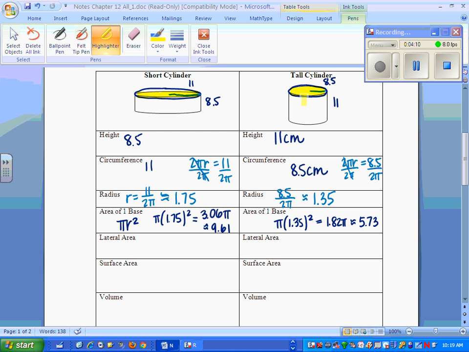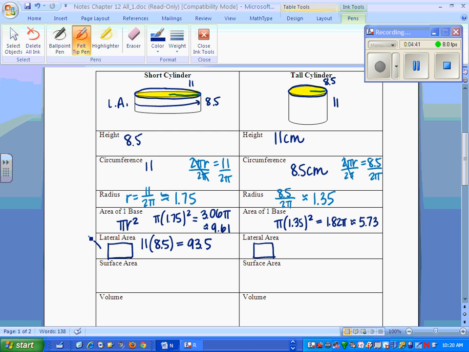Okay, let's talk about lateral area. Remember, lateral area is just the area around. This would be just the lateral area. It would not count the two circles. So to find lateral area, I just need the area of a piece of paper. That is actually going to be the same. I take the distance around it, 11 times 8.5, which is 93.5.